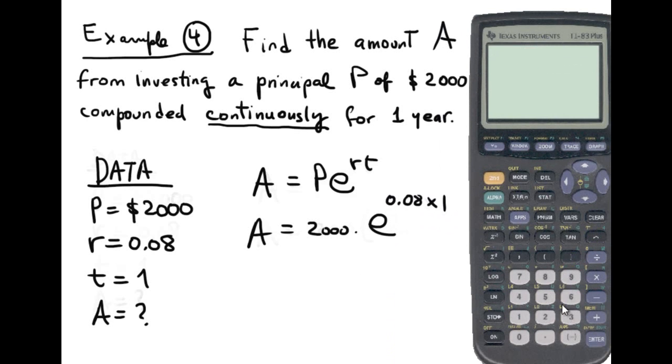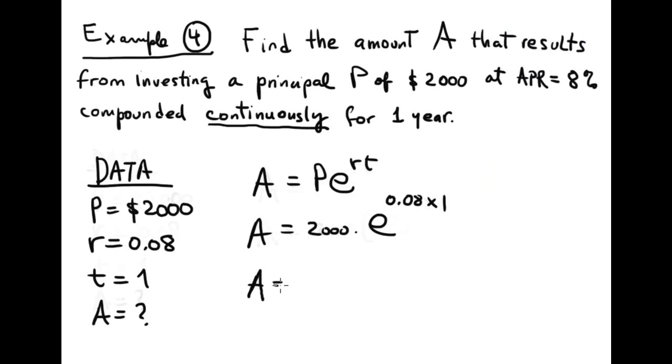Clear, 2,000 multiplication exponential, raised to 0.08 times 1. Close the parenthesis. The answer is $2,166.57.